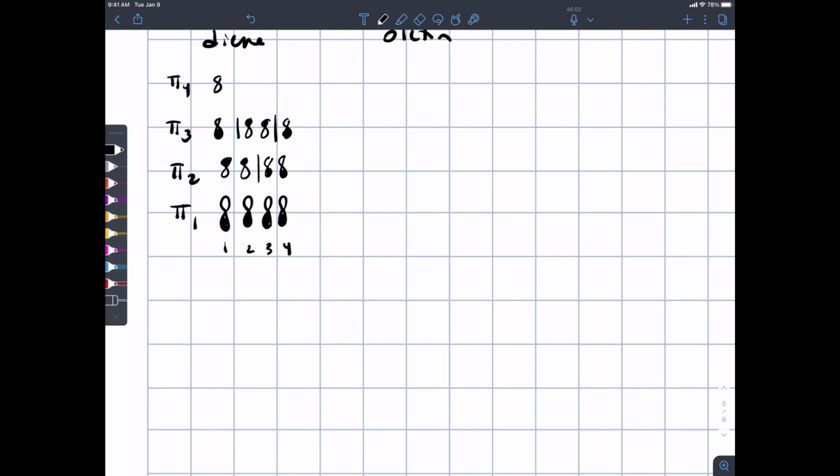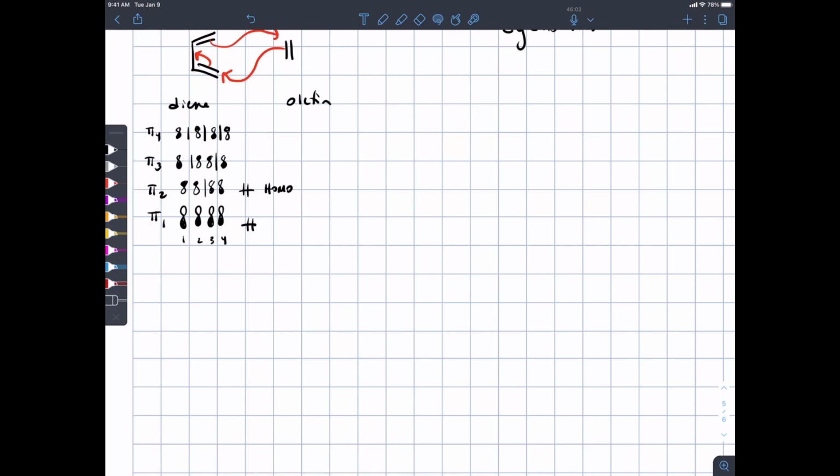And then pi 4 has the maximum number of nodes possible. In our discussion previously, we said that pi 2 is the HOMO. And for our discussion today, we're going to think about the diene as the nucleophile. And what I'm going to tell you is only the story of 2 of the 3 electrons involved. And there will be alternate ways of thinking about this reaction, but this is one that's pretty useful.